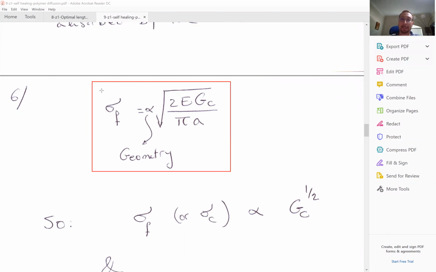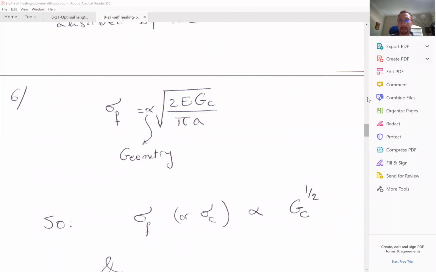It relates the critical stress, the failure stress, to not just the crack length, which by the way is again 1 over the square root of A, just like before, but also the elastic energy in the material and also the critical energy release rate.